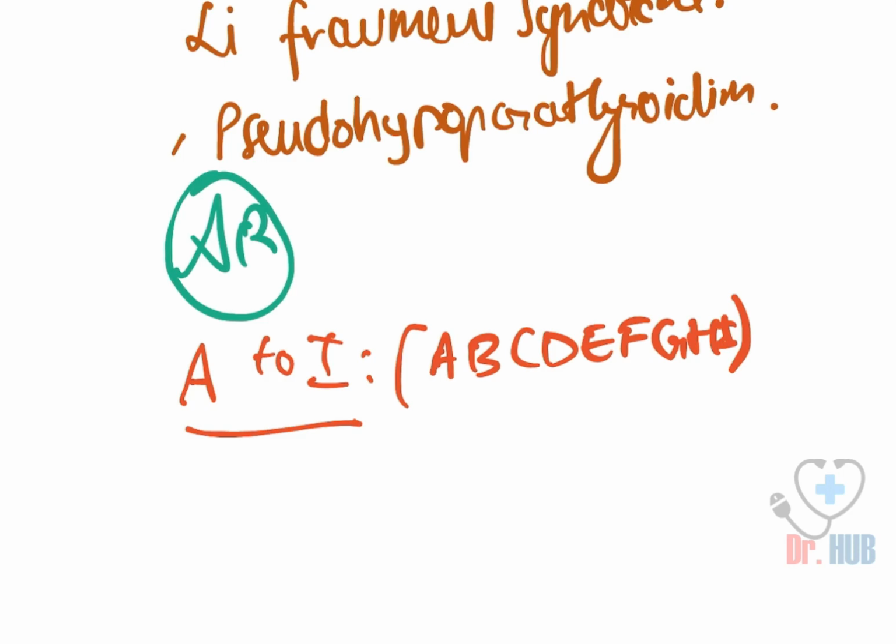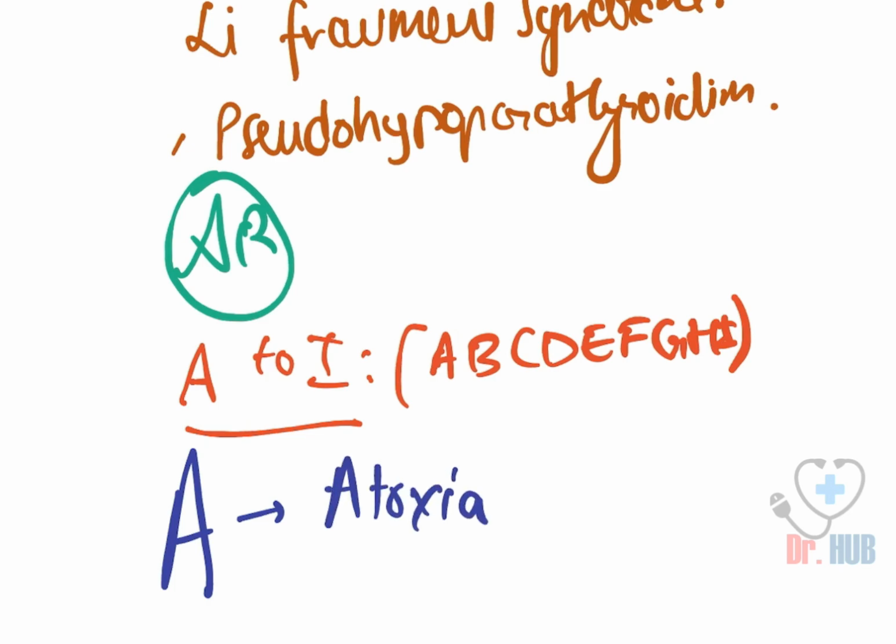So to start off with the letter A. When we saw in case of the autosomal dominant, the letter A stood for achondroplasia and the autosomal dominant polycystic kidney disease. So here A stands for ataxia telangiectasia.